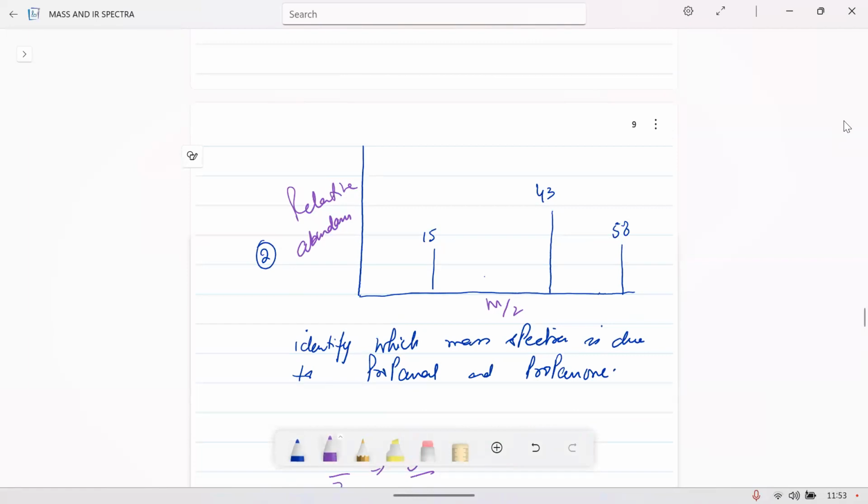This mass spectra is for propanone as the 29 peak is missing. The m/z value of 29 peak is missing from here. So that is how you are able to relate it.